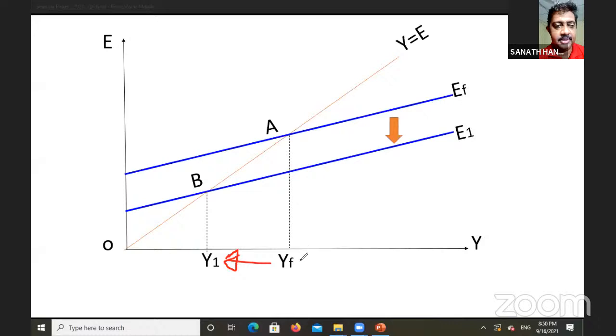An inflationary gap is on this other side, where we go beyond the full employment level. So this question is focused on the deflationary gap, not the inflationary gap. This is a deflationary gap because actual output is less than potential output.